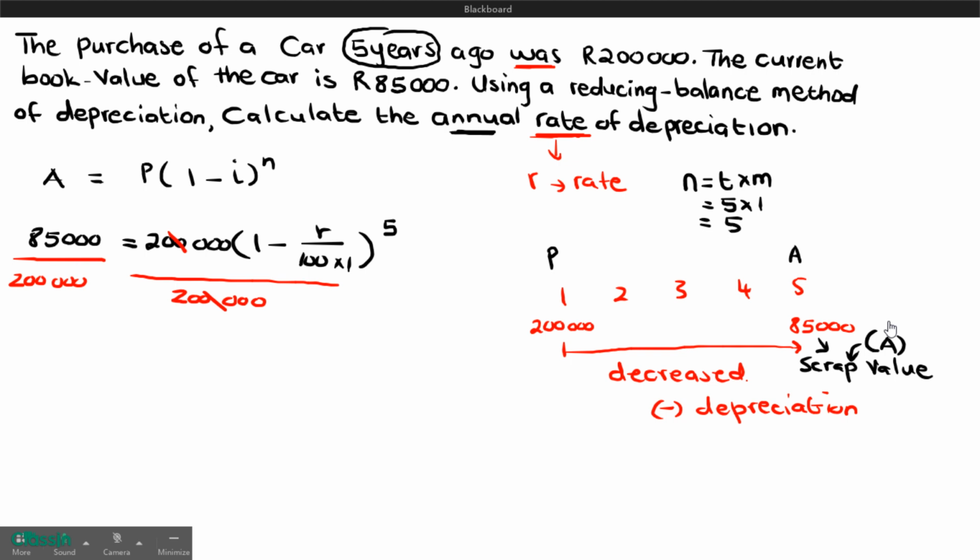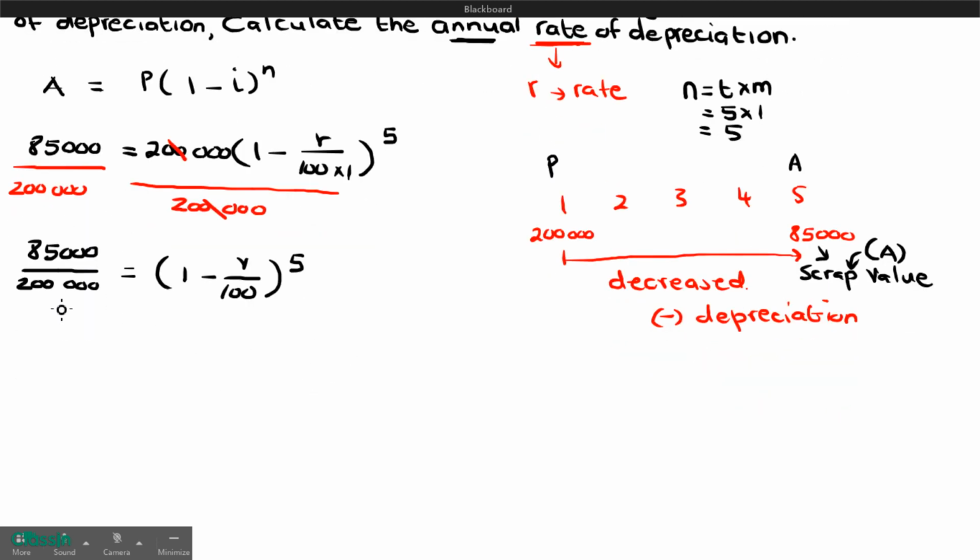Then we are going to remain with 85,000 over 200,000 equals to 1 minus R over 100 to the power of 5. Now, once we have this, you can simply press this on a calculator.